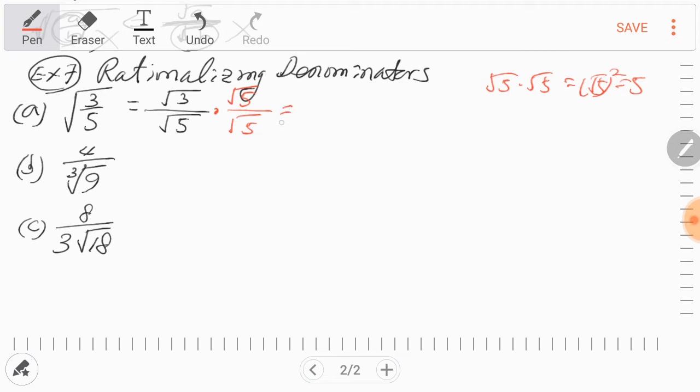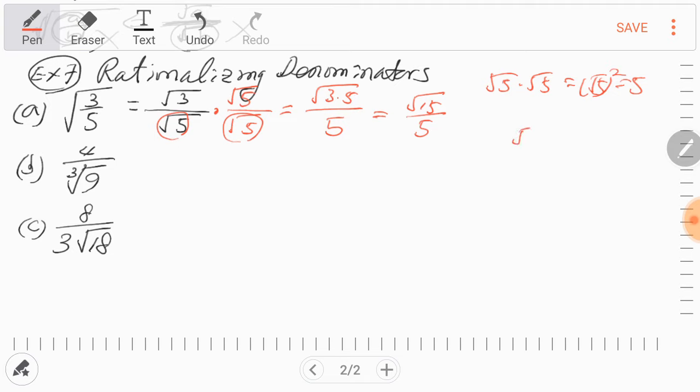Then the numerator is square root of 3 times 5, and the denominator is 5 times 5. So square root of 5 times square root of 5 is 5. So finally, square root of 15 over 5. Okay, this is called rationalizing the denominator.